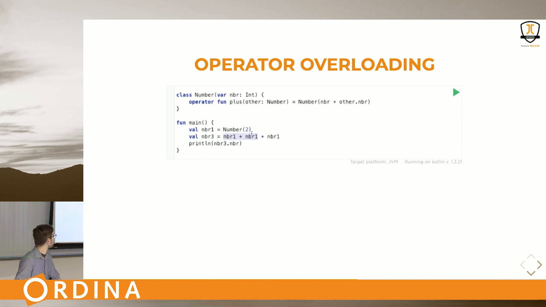It's some number, and then you give it another number, and then you define what the end result should be. So it should create a new number with the sum of both numbers. So if I have a number here that is 2, and I add it to itself 2 times, this should give 6 if everything works. Yeah, and it does. So this is a really nice syntactic sugar if you're programming.